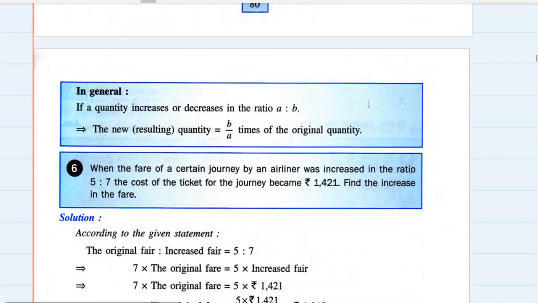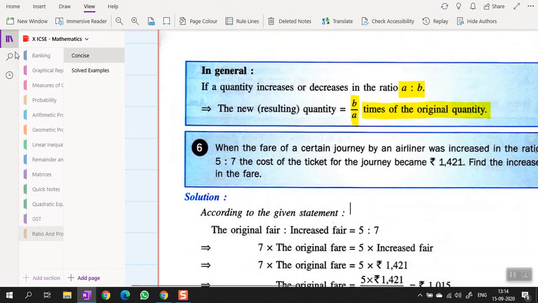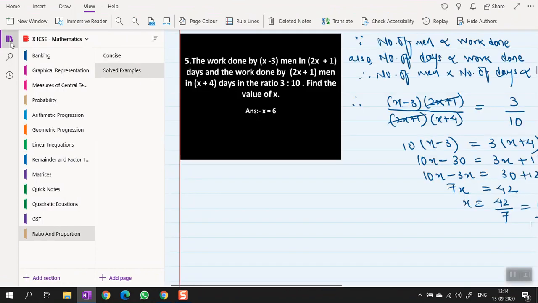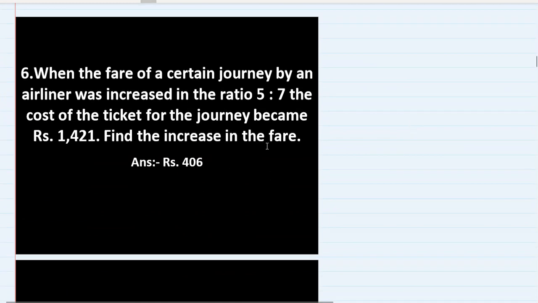So in general, if a quantity increases or decreases in the ratio A is to B, the new quantity is B by A times the original quantity. We'll see some questions based on this, and then we'll understand properly how these questions are to be solved.